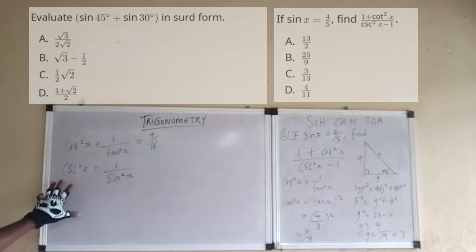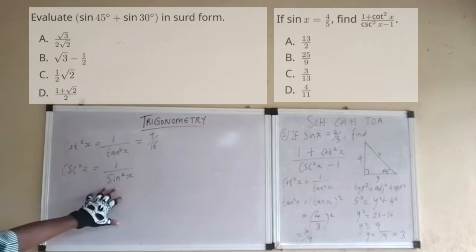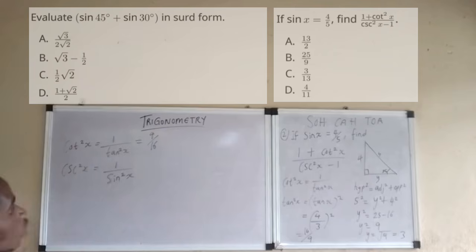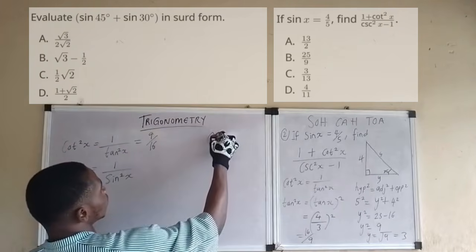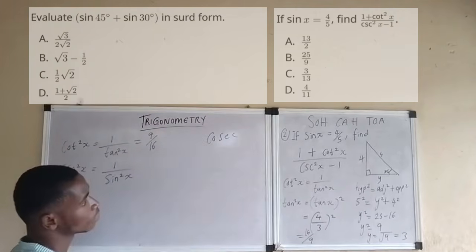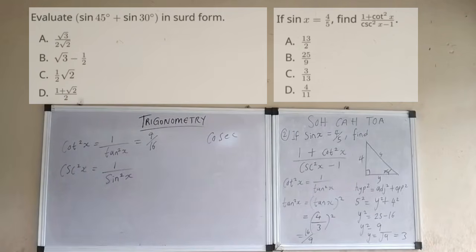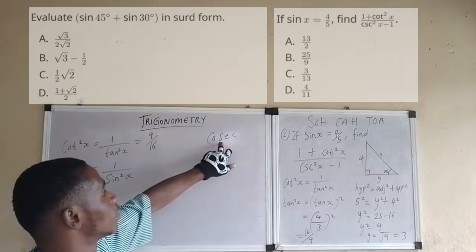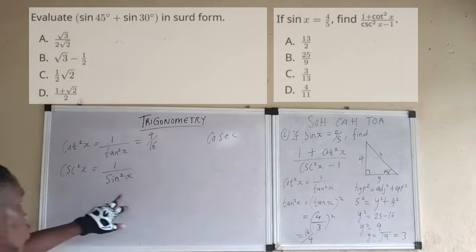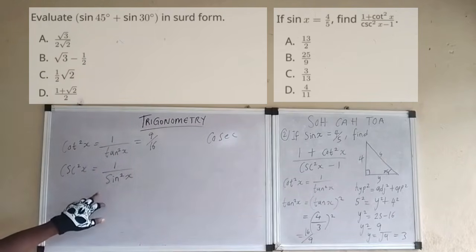All right. How do you know that it is 1 over sine square x? It's very simple. Cosec. Always consider the third letter, which represents s for sine. So it is 1 over sine square x.